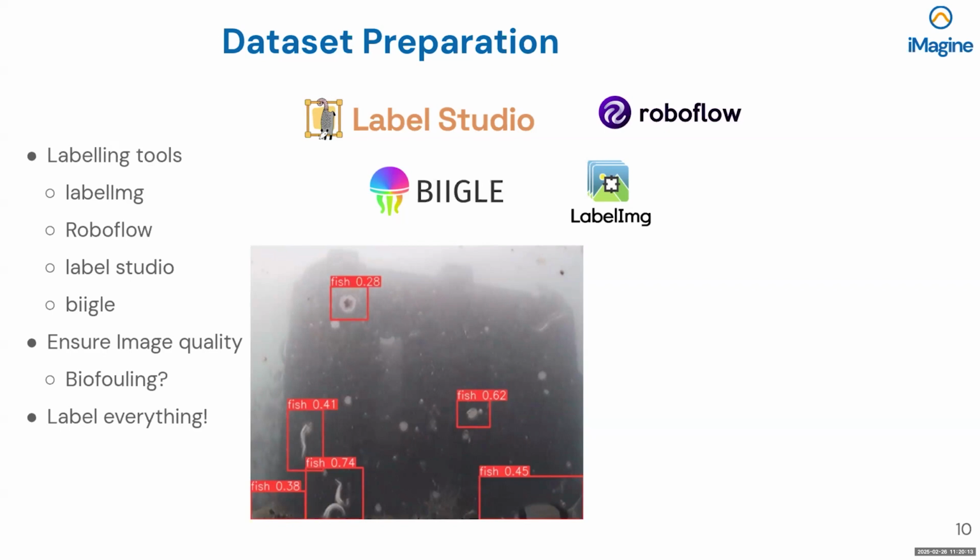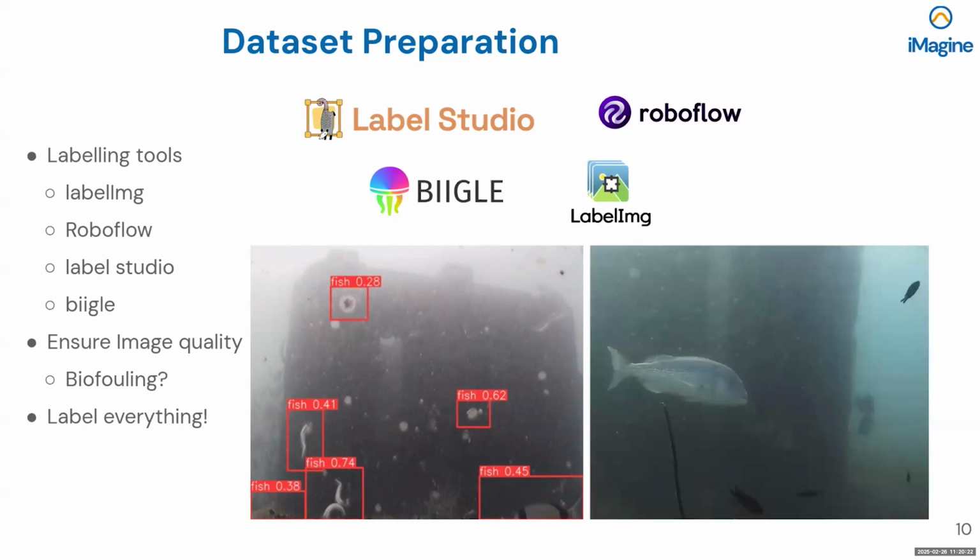And here we have an example of a lot of dirt on the glass being detected as fish, which of course is not good. So it's something that you need to be careful with in your data. Another important aspect is that you need to label everything, because for instance, here we have a very clear fish, a very nice one in the front of the picture, but we have a lot of smaller fish hidden in the background.